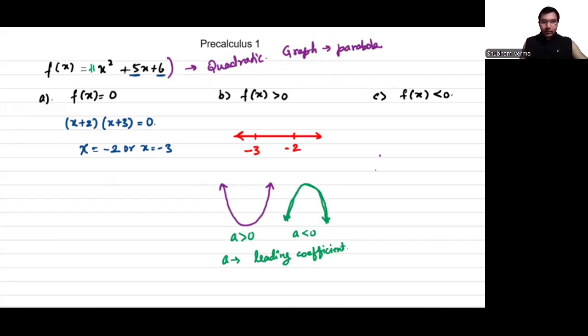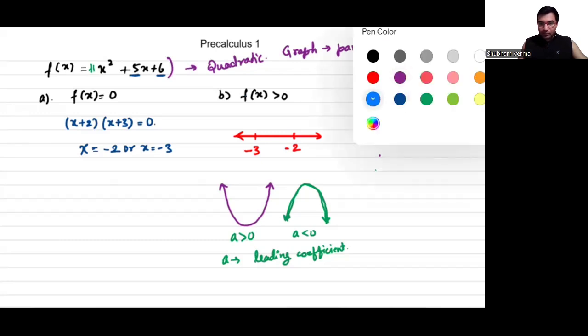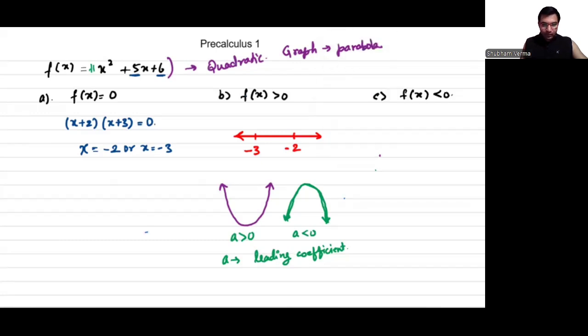Now we have to answer over here. Randomly, if I take any number, let's say -1, and plug it in, what will be the sign of x plus 2 and x plus 3? X plus 2 will be positive, isn't it? When I plug in x equal to -1, -1 plus 2 is +1, and x plus 3 is also positive, +2.